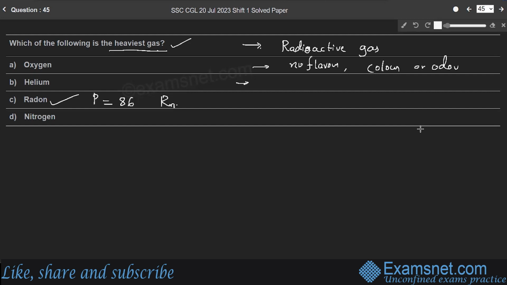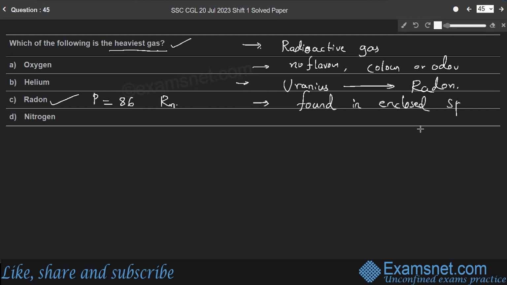All rocks and soils contain uranium, which naturally decays into radon. So uranium, when it decays, will be converted into radon. Water also can contain radon, right? Radon is a naturally occurring radioactive gas. High amounts of radon can be found in enclosed spaces like houses and offices, right?